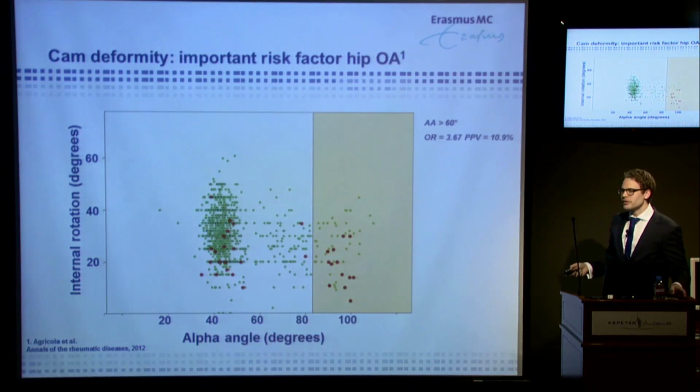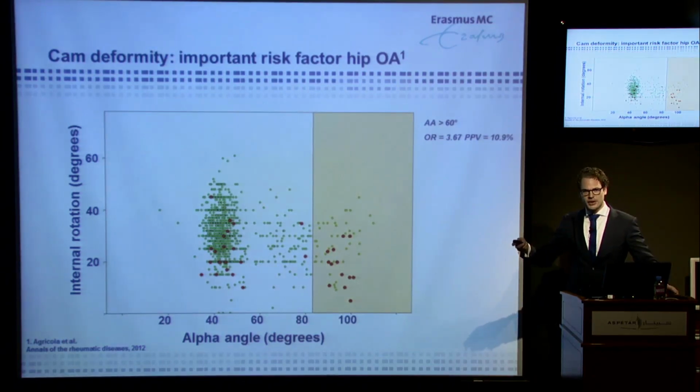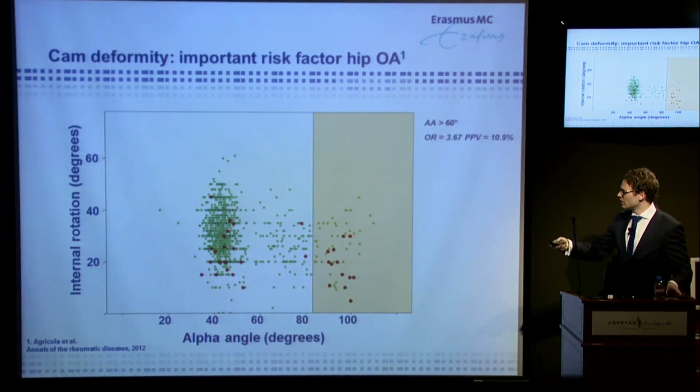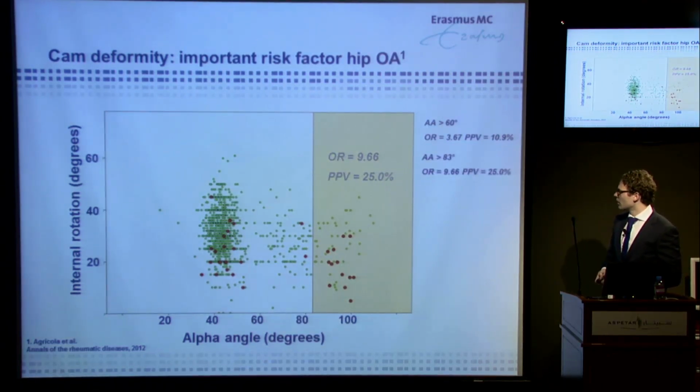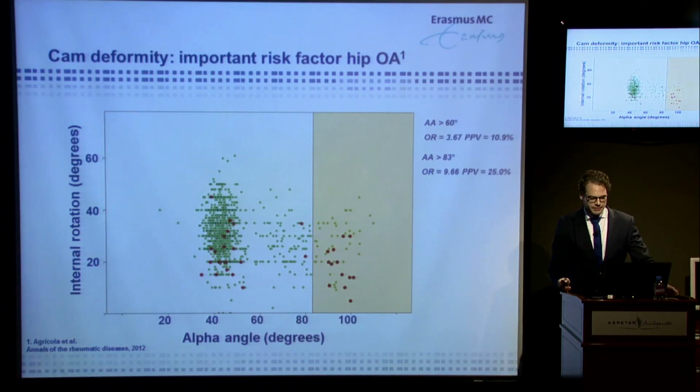And also we found that the larger the cam deformity, the higher the risk of developing osteoarthritis, with an odds ratio of almost 10.